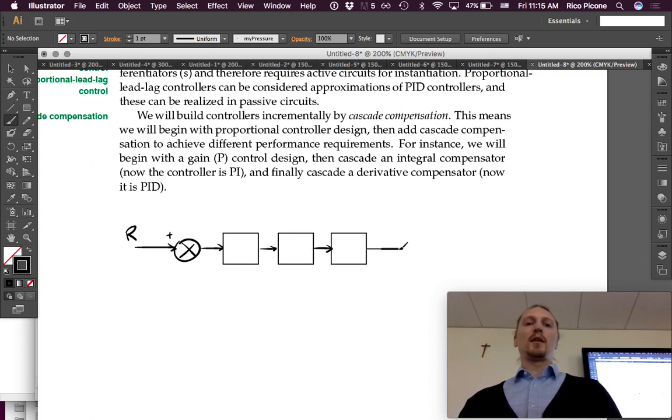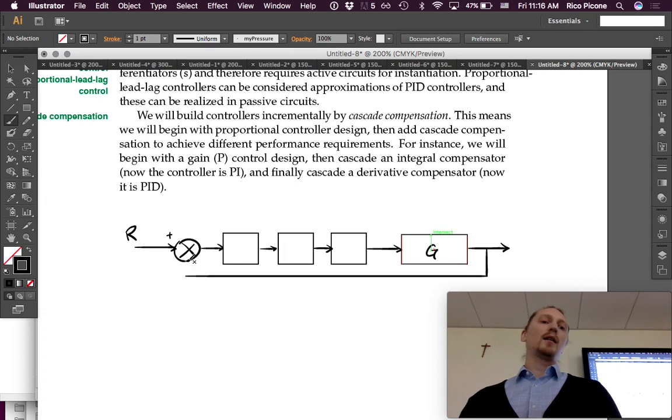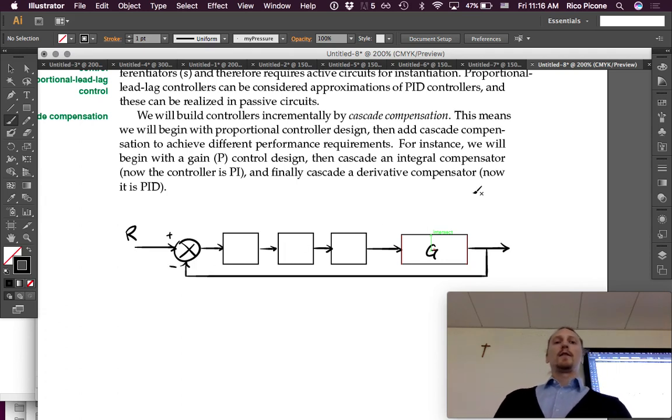And then I'm going to go into my plant. So there's my plant transfer function, G, whatever the plant is, an output, and then let's just assume for now unity feedback, like this.